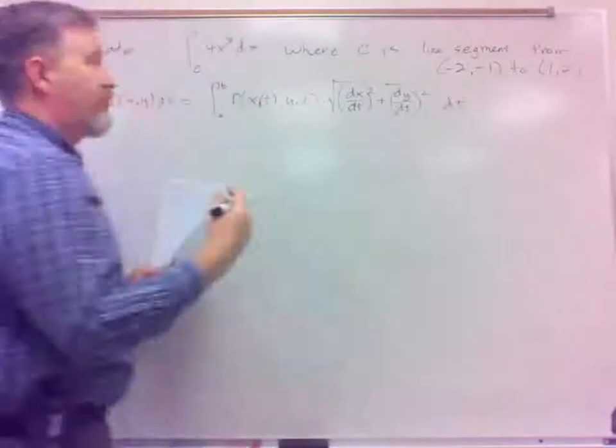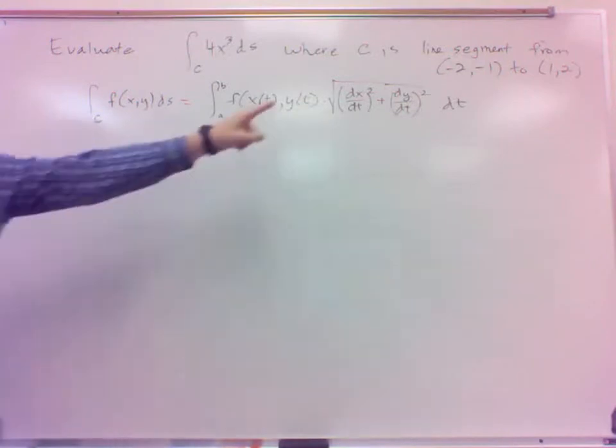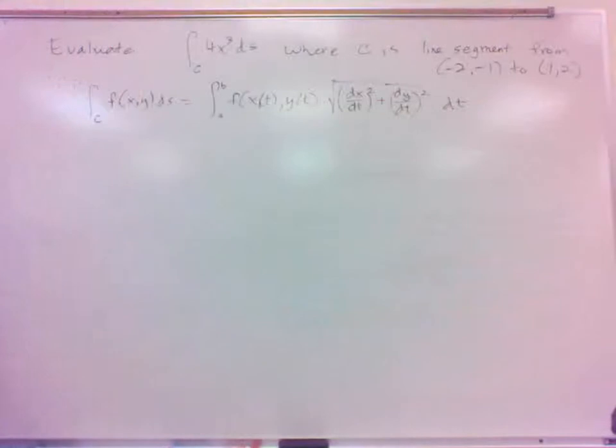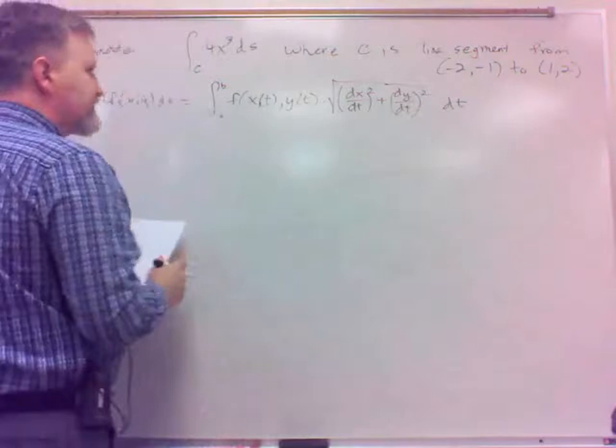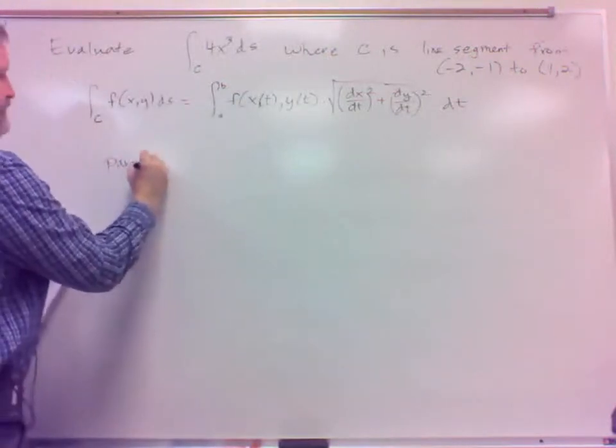So we need to parameterize all this stuff. Since we don't have it parameterized already, that's where that formula will come in handy. So let's first parameterize our line segment.